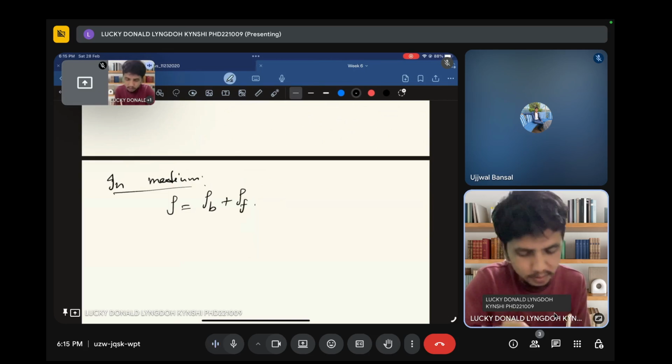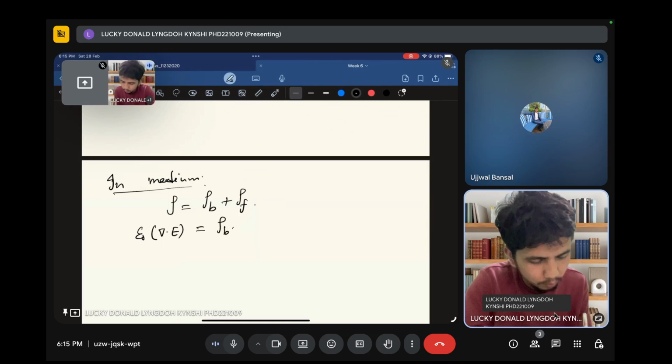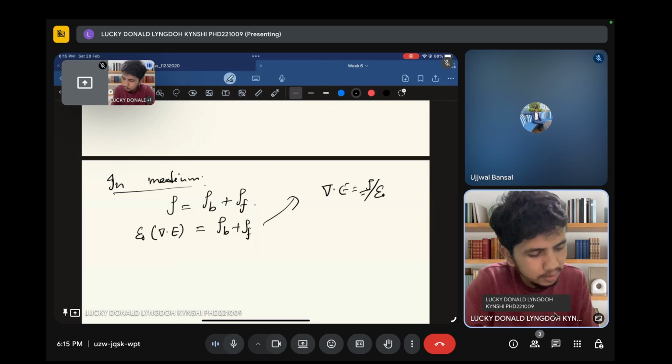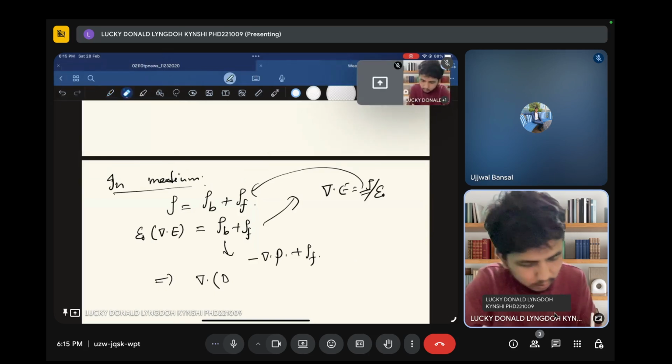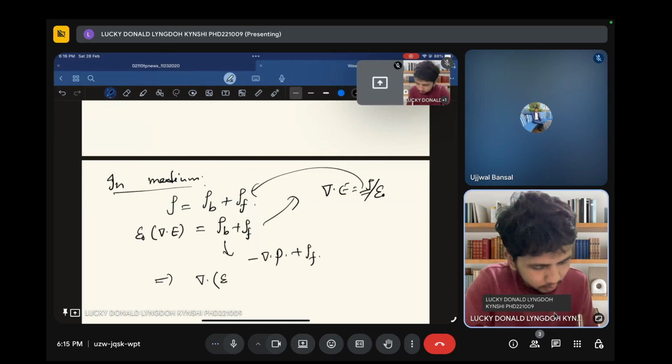So the first equation, epsilon naught del dot E equals rho, becomes rho B plus rho F. I got this from del dot E equal to rho divided by epsilon naught, but I replaced rho with rho B plus rho F. Rho B is also equal to minus del dot P, the polarization, plus rho F. So before that, I will write del dot of epsilon naught E plus P equal to rho F. How do I get that?